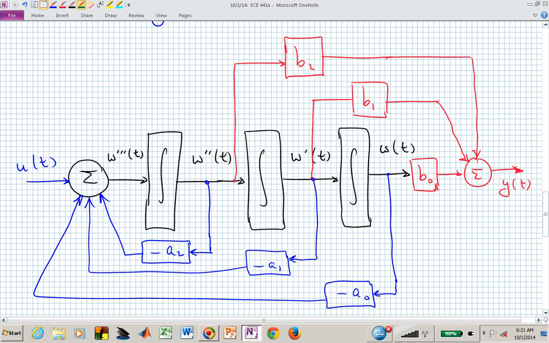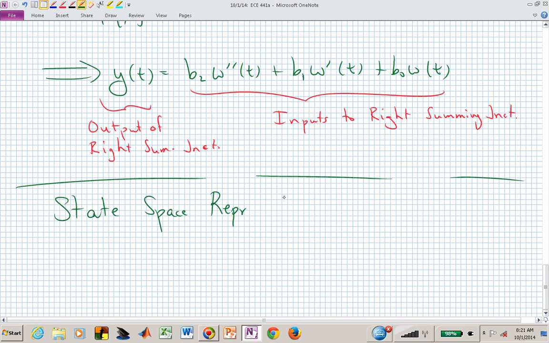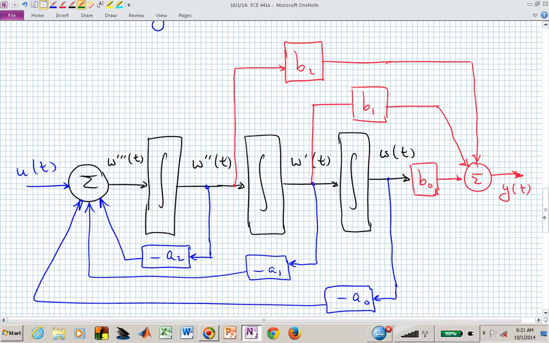Let's now apply that strategy. If we now say, let's let our states be the outputs of the integrators, and for my particular choice, let me call that x sub 1.